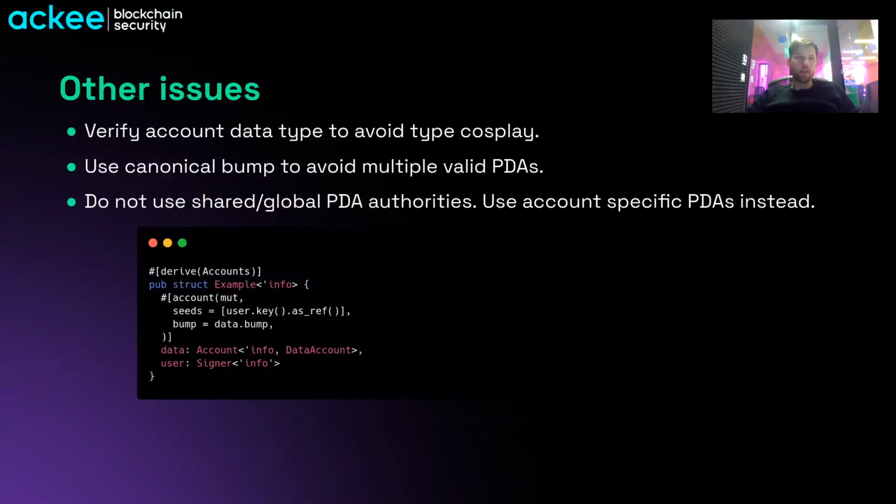It means that an attacker could eventually supply data with a different data type, and then your program would deserialize it with the given data type that does not correspond.